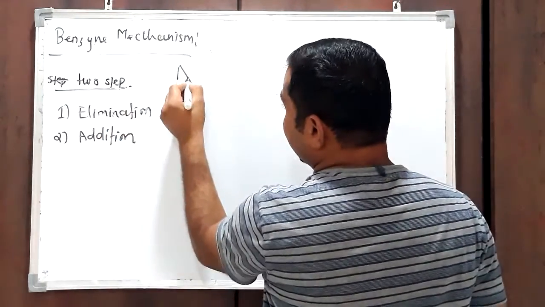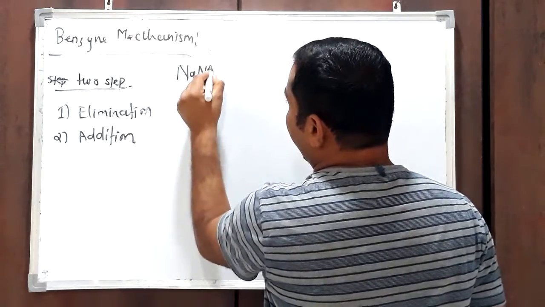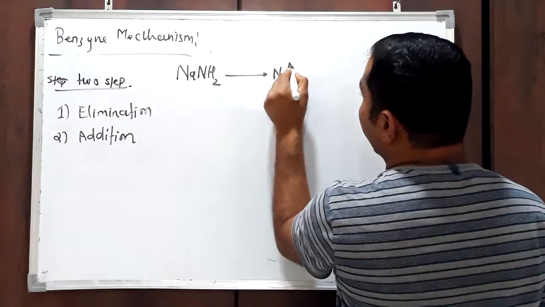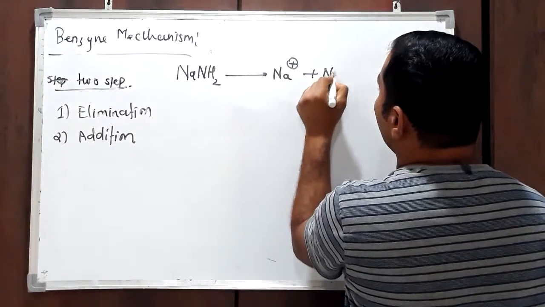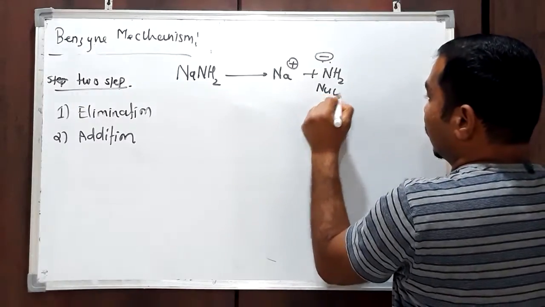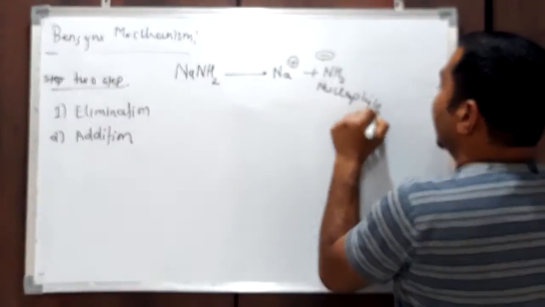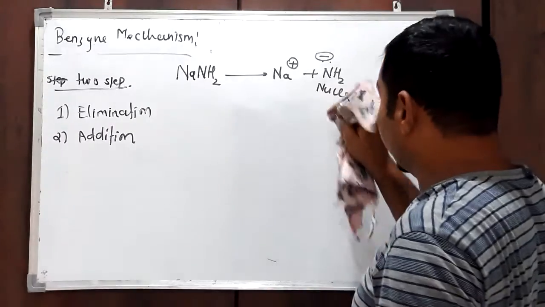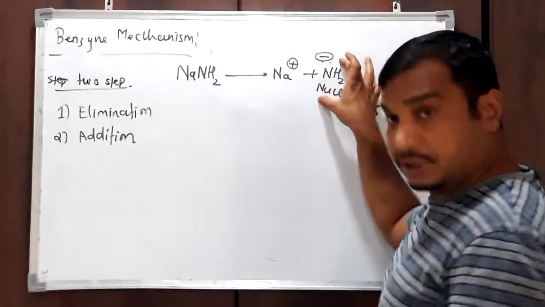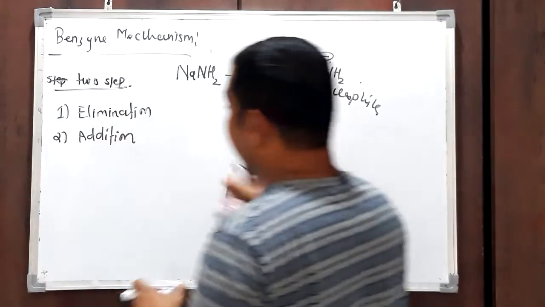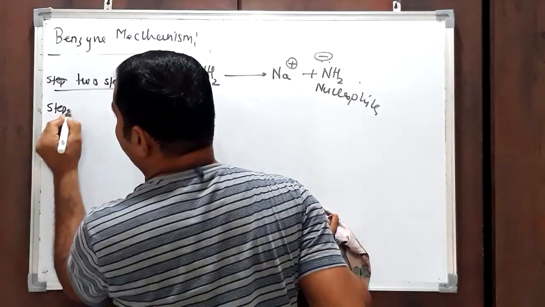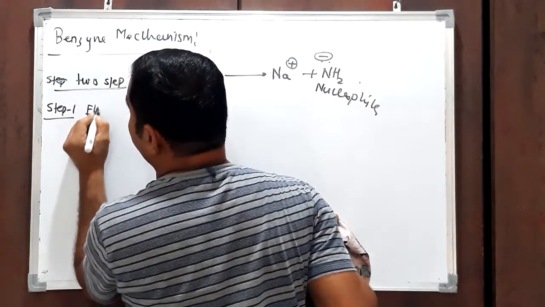First consider this reagent NaNH2, which produces Na plus and NH2 minus, that is the nucleophile. This nucleophile is conjugate basic in nature, and it is involved in step 1, known as the elimination step.